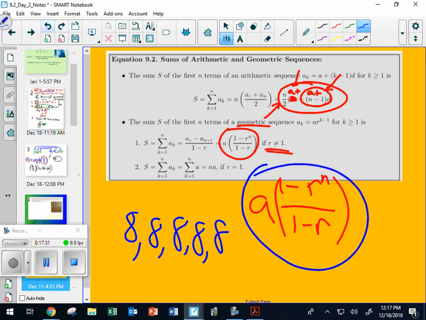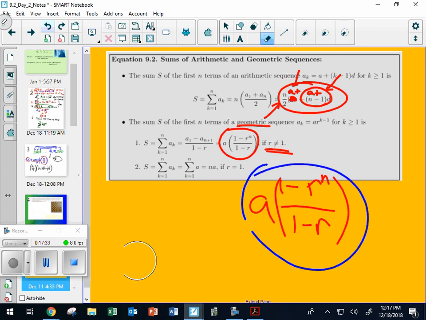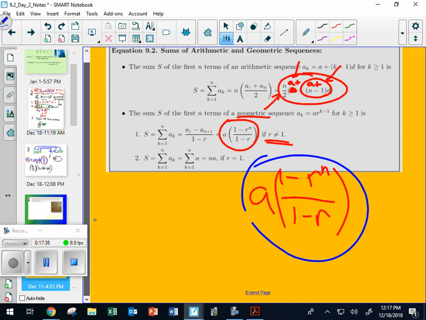Let's see if you can figure it out. If I start with 3 and I keep doubling, but do I do it forever? Think about it. If it's going up really fast and I'm trying to add them forever, the answer would just be infinity. So this is a very distinct amount. You've got to do it n times.